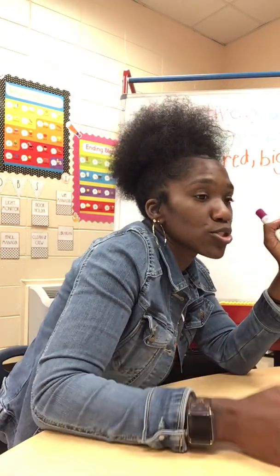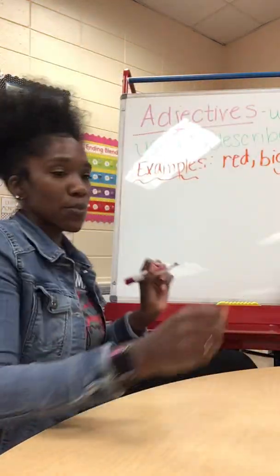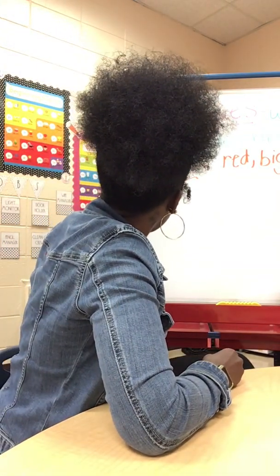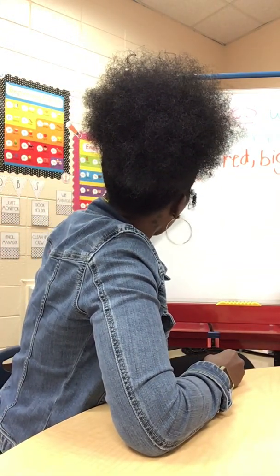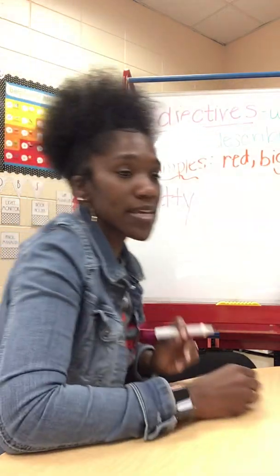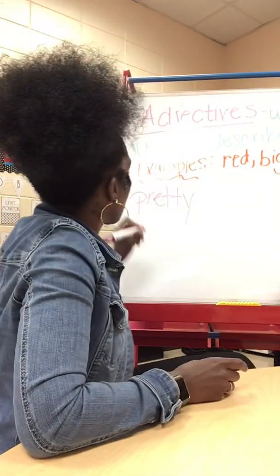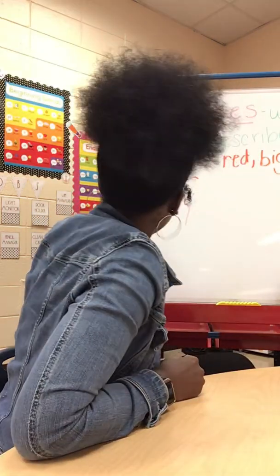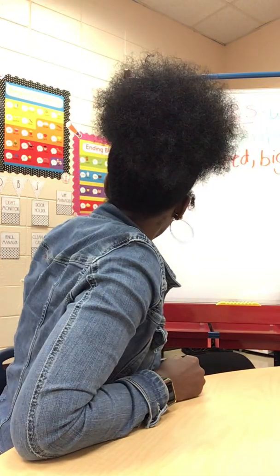So I'm going to start with Janera down here in the corner. Janera, tell me one word that's an adjective. Pretty. So Janera wants to use pretty. All right, pretty. Zoe, what's your adjective? Blue. Zoe's trying to give me a whole bunch of words.